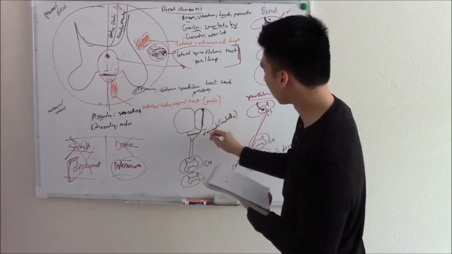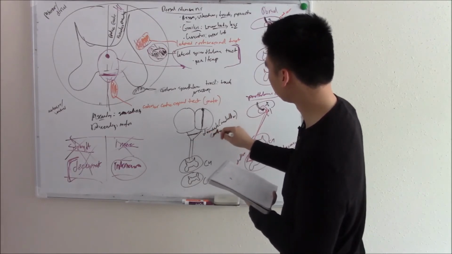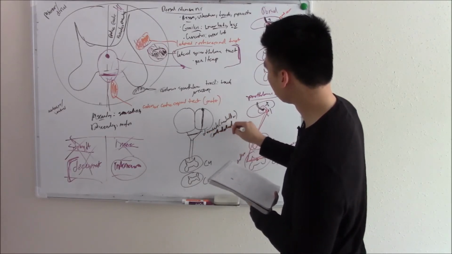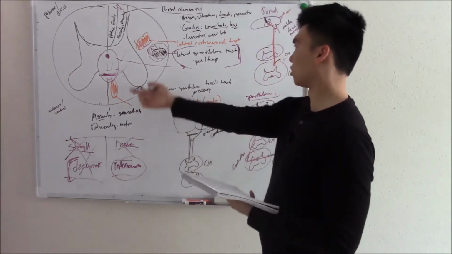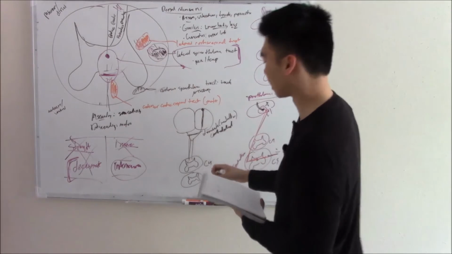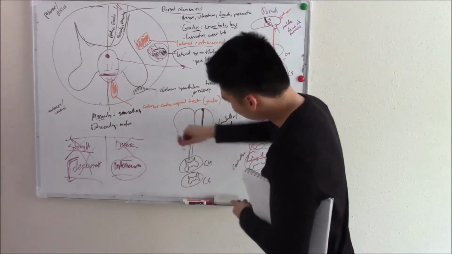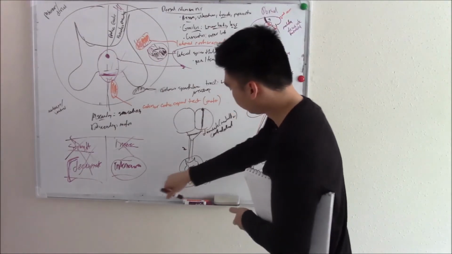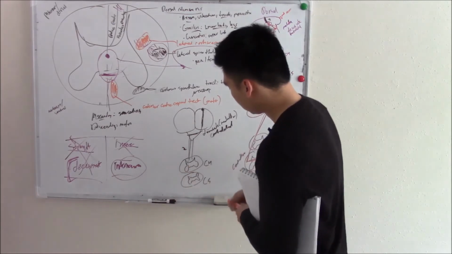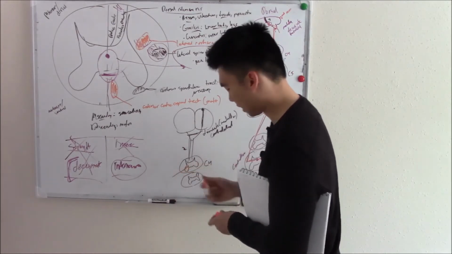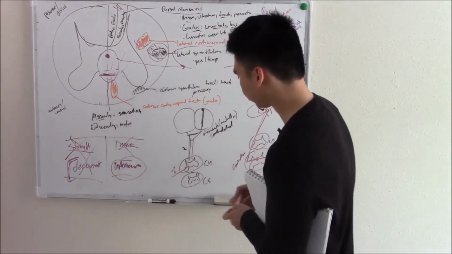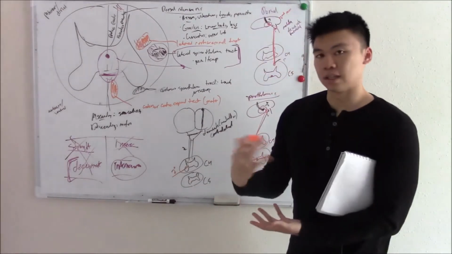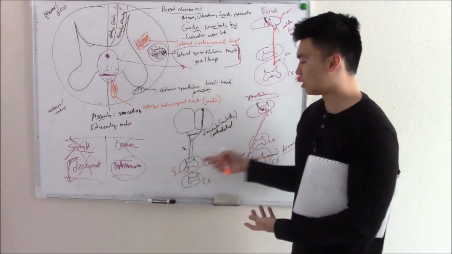Now that it's on the contralateral end, it will go down to whatever corticospinal tract it needs to go to. So this would be your first order. It will meet another neuron that will leave and actually innervate your muscle. So this will be your second order neuron. That is how it both decussates and how it changes neurons.